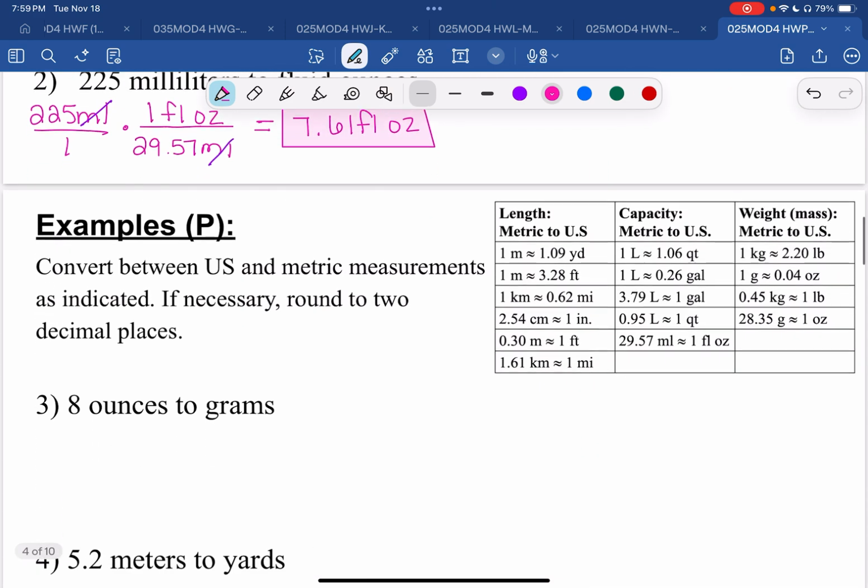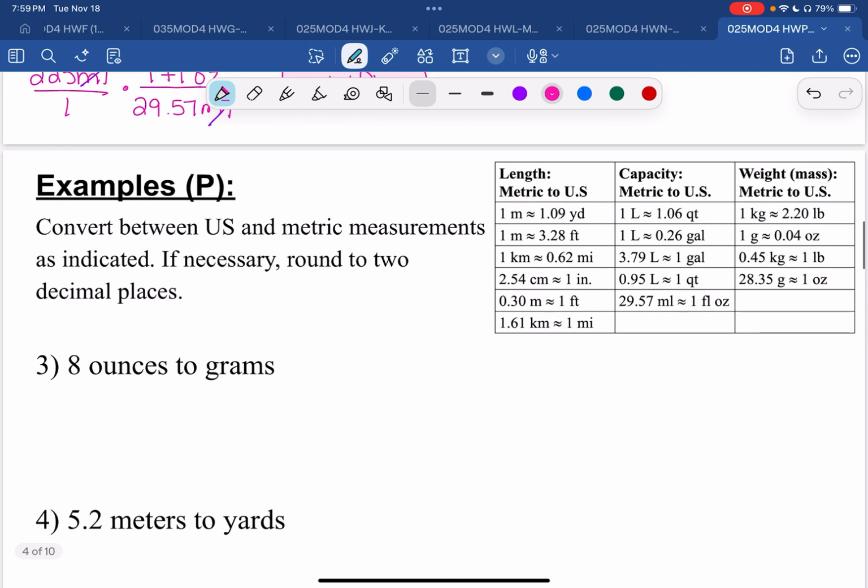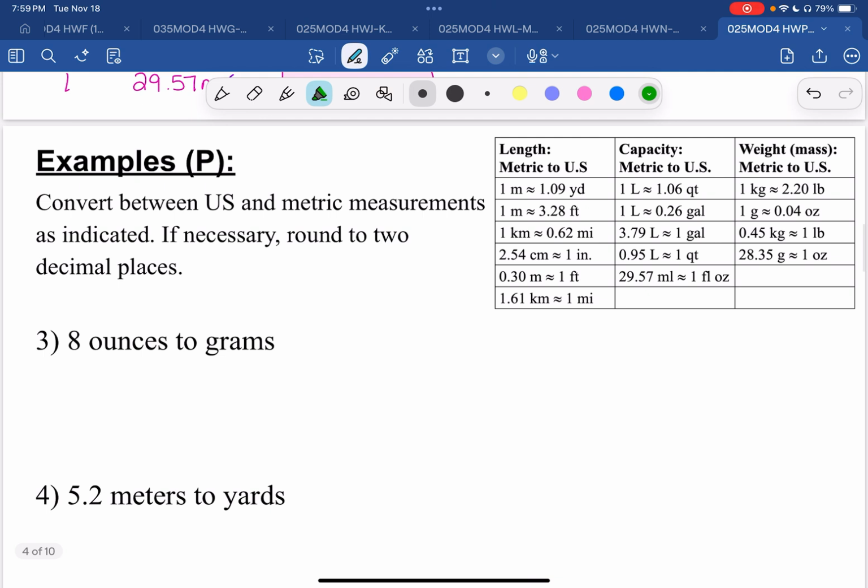Okay, let's do a few more. Here I want to convert from ounces to grams. I'm going to again start in my table, and I want to find something that will convert me from ounces to grams. Again, if we look, we've got 1 gram is about 0.04 ounces, or 28.35 grams is about 1 ounce. Again, either one will be fine.